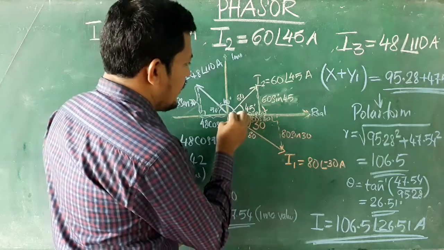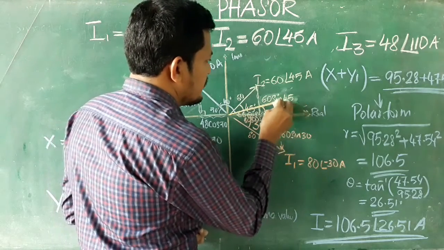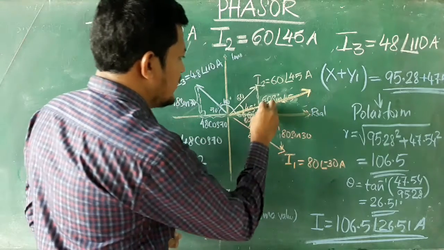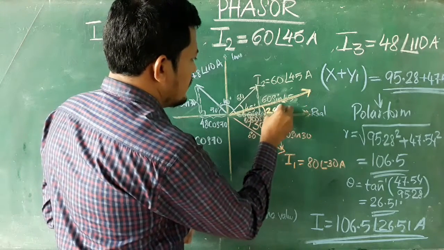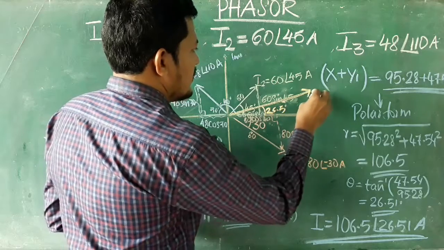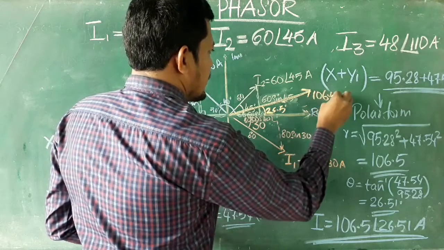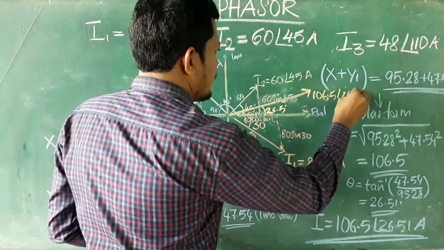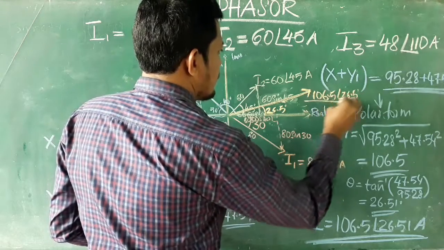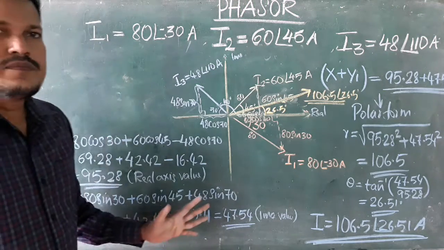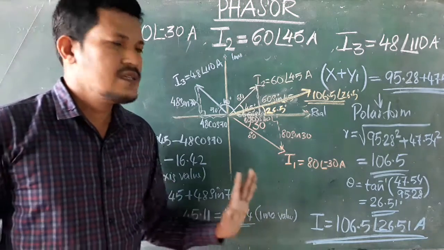So the angle is 26.5 degrees and the magnitude is 106.5. So this is the answer. We can do any method, and the total current is the same.